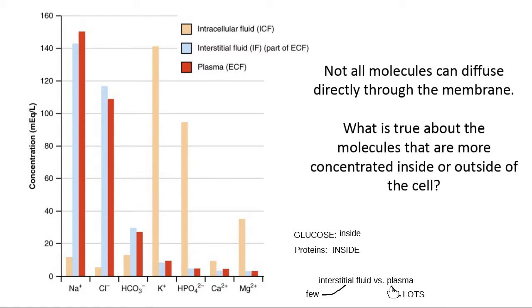If I am a polar molecule, can I get across the membrane by myself? Can polar molecules get across? Yeah, polar molecules can't get across by themselves. Polar molecules need help. If I need help, I can go through either a carrier protein or a channel protein. I can use both of them to get across the membrane.